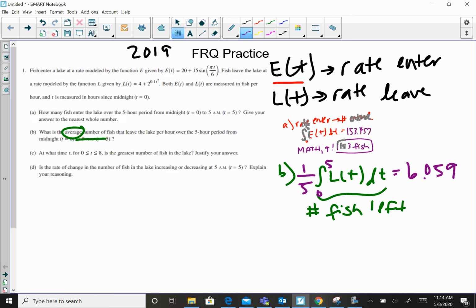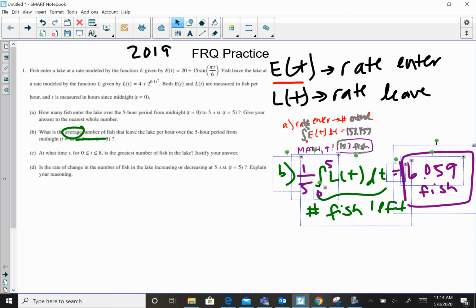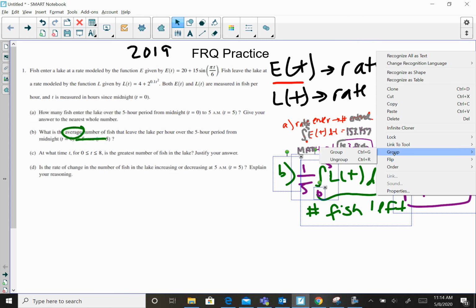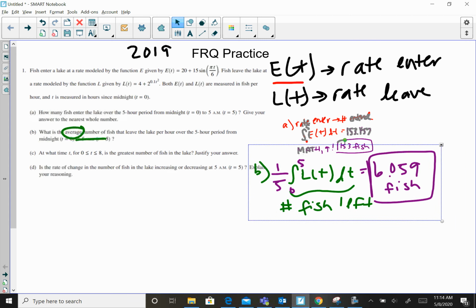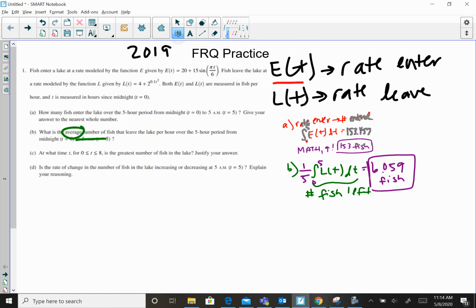It doesn't say anything about rounding, so you just leave it. So 6.059 fish is the average number of fish that left per hour. Again, we were going from a rate to a number of fish. This one is a decimal because it's an average number of fish. I don't know that that's even better, but it doesn't say round, so we're not going to round.